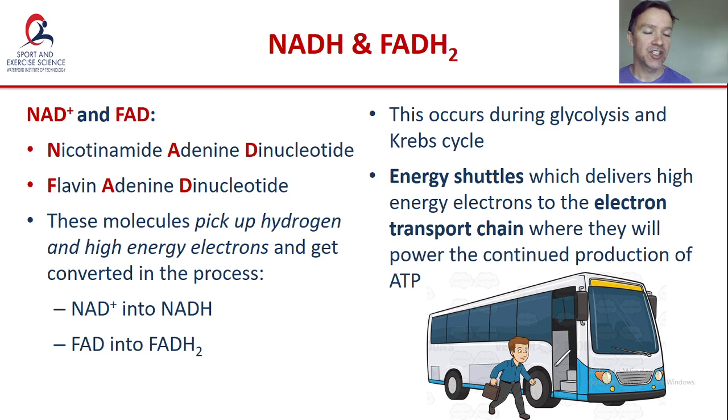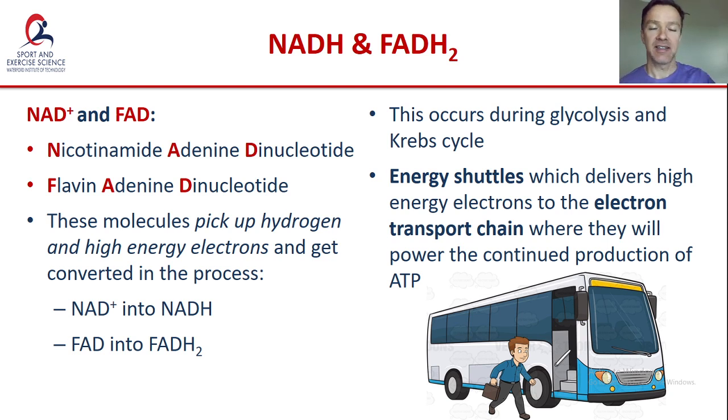Basically, NADH and FADH are high energy shuttles. Okay, so they pick up high energy electrons that are freed up during those processes, and they carry those electrons over to the electron transport chain, where they will power the continued production of ATP. Okay, so as part of glycolysis and as part of the Krebs cycle, as the various chemical processes take place, there's hydrogen released and there's high energy electrons released.